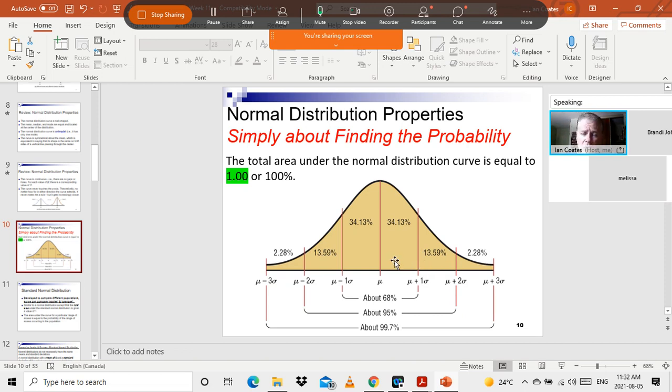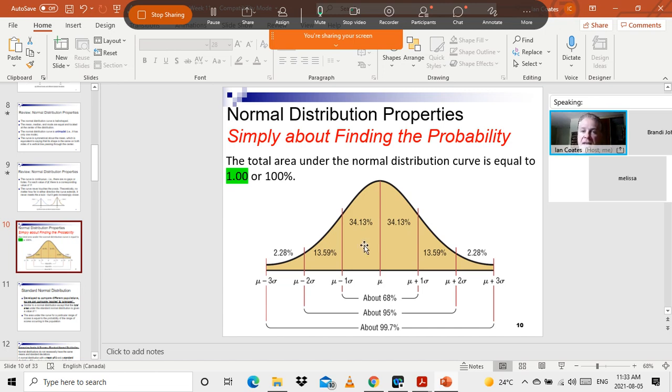But what I want you to understand is what this graph actually means. The whole point of this is to find the probability of choosing an apple out of this pile, or a person, or whatever.